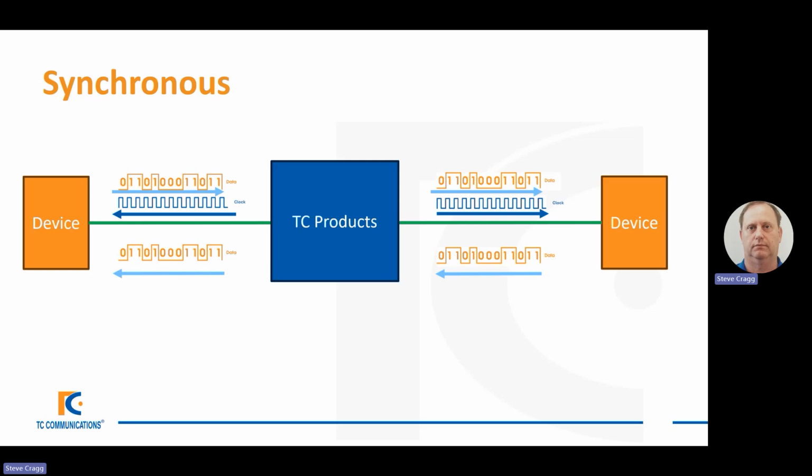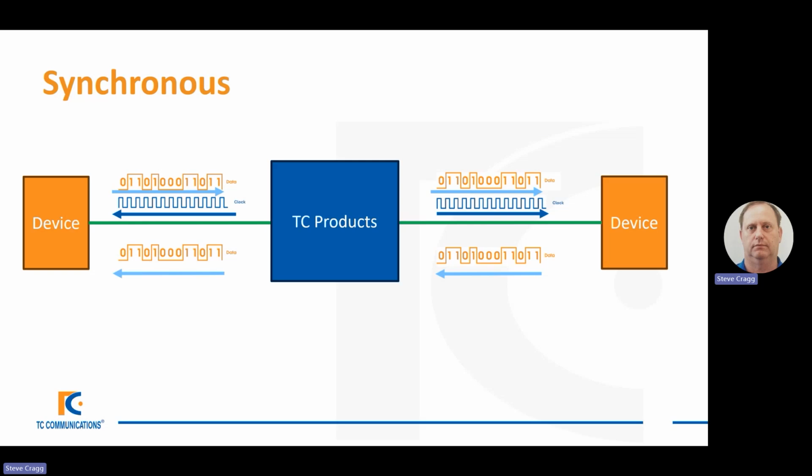The important thing to remember in all of this is that each device will either send or receive the clock, and it will use that to either send or receive the data to make sure that the data is synchronized to the clock. That's the most important part. So that really covers synchronous communications.